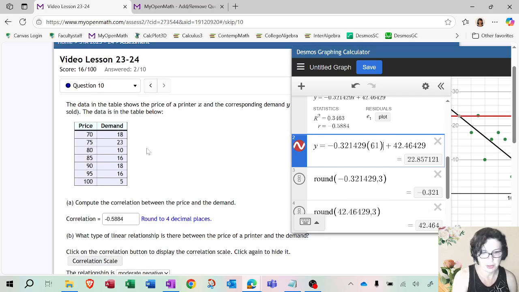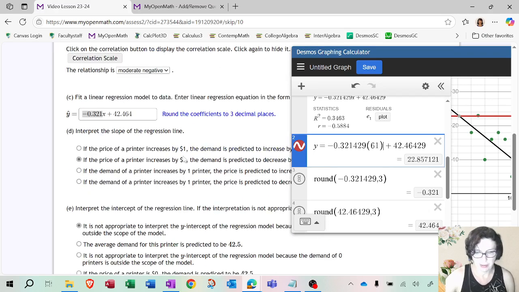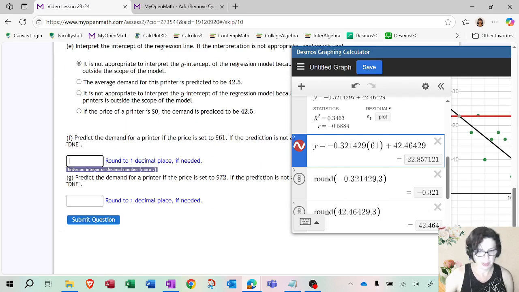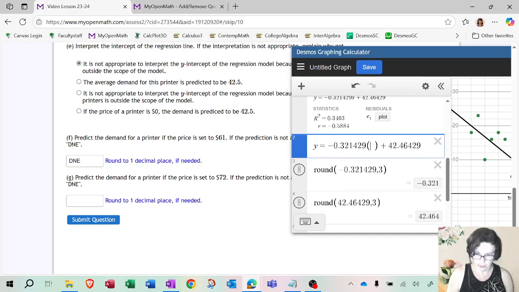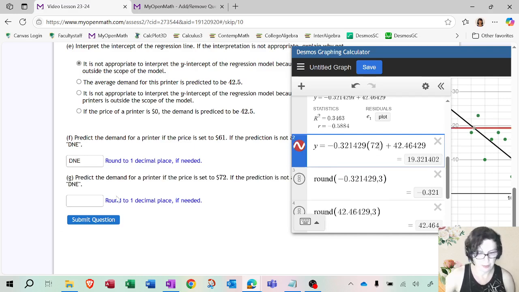And again, remember the range was between 70 and 100, and 61 was not there. So actually, this is incorrect. The 22.85, we really cannot use this. We're just going to say D and E. Now, how about 72? 72, yes, because that is between 70 and 100. So let's just put that. And so we got approximately 19.3.